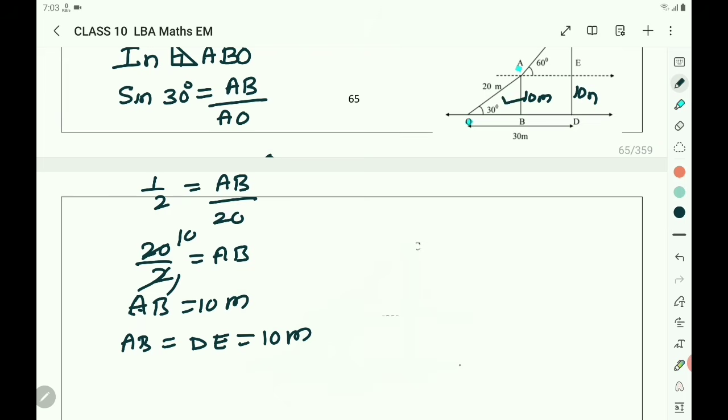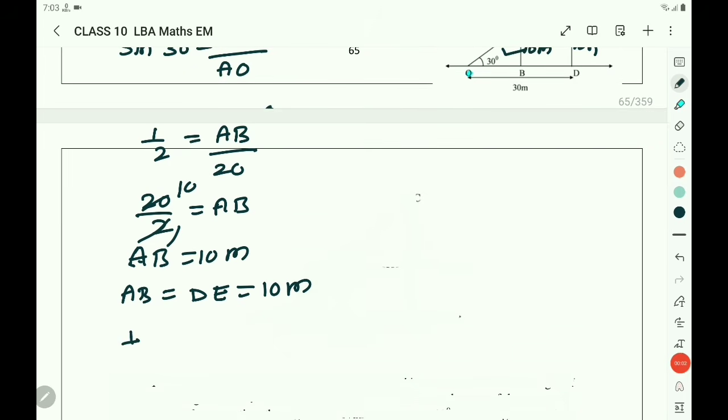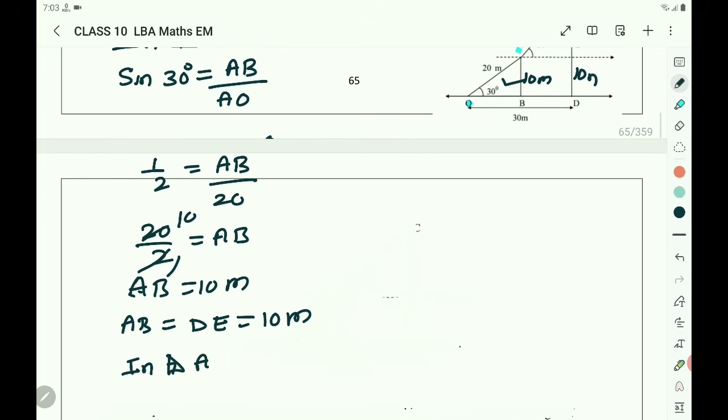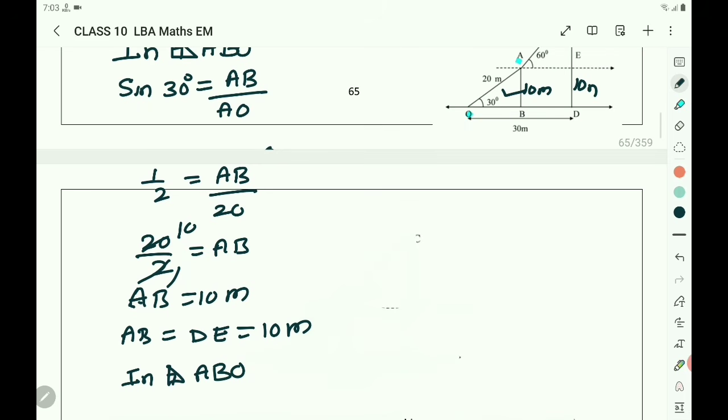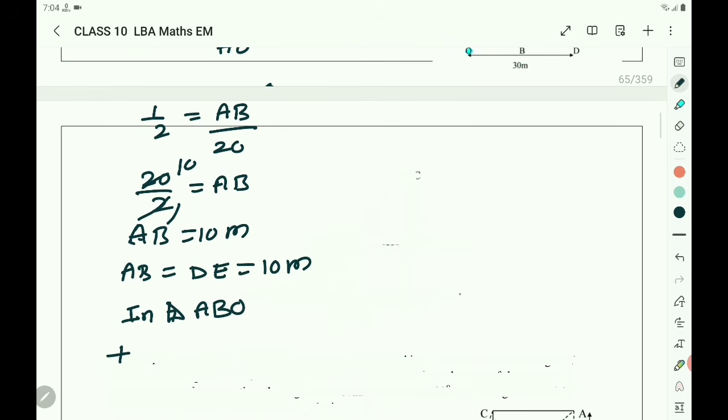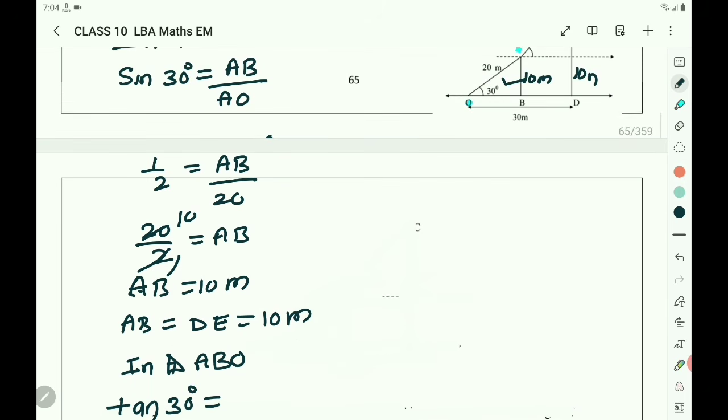Again use the same triangle, the right angle triangle ABO. Which trigonometric ratio? You can use opposite side by adjacent side, tan theta, or adjacent side by hypotenuse also. Any one you can use. So let us use tan 30. Tan 30 is equals to opposite side by adjacent side.